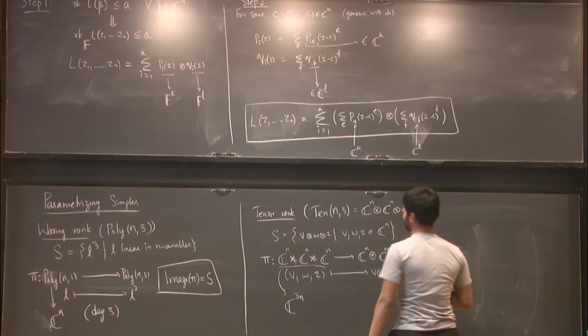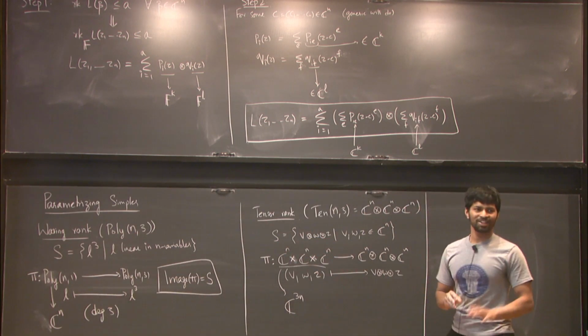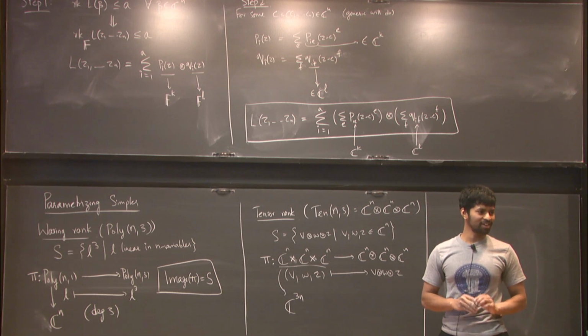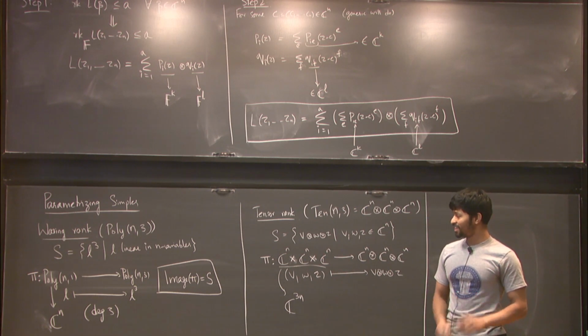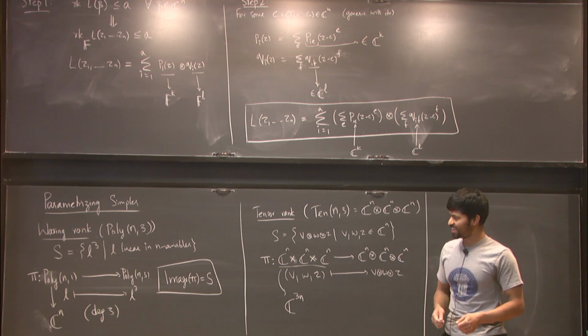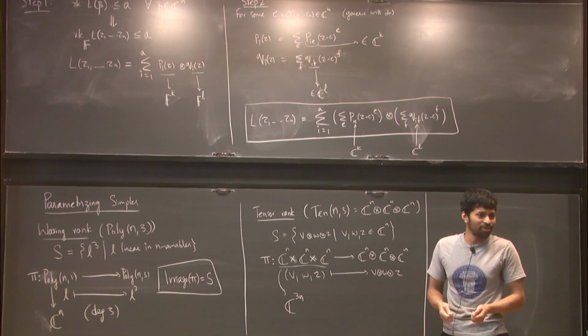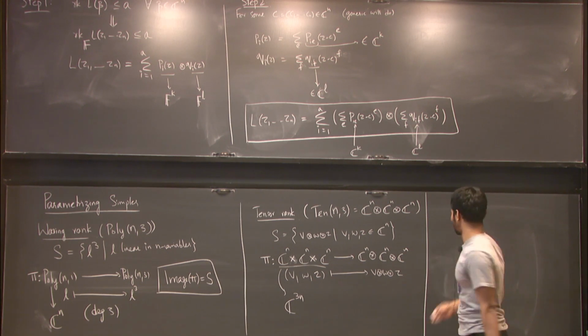So maybe let me do it with polynomials. Degree 3 polynomials is an object that converts degree 3 maps from linear forms to linear maps. Okay, so let me write this.